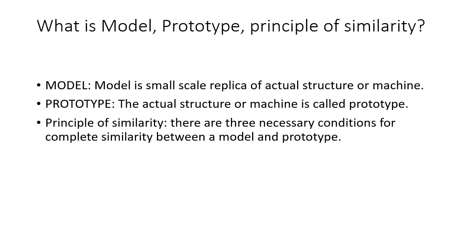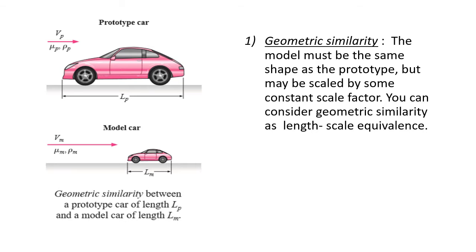So there are three necessary conditions to relate model and prototype. First one is geometric similarity. What is geometric similarity? The model must be the same shape as the prototype.